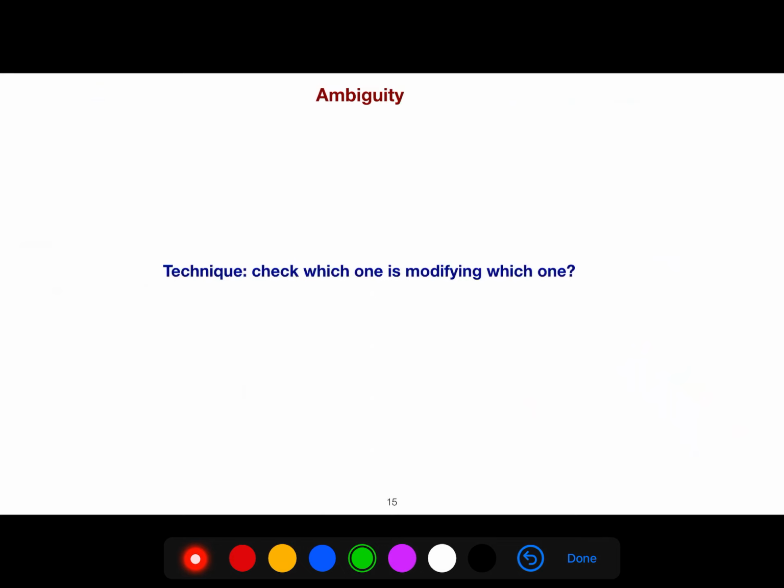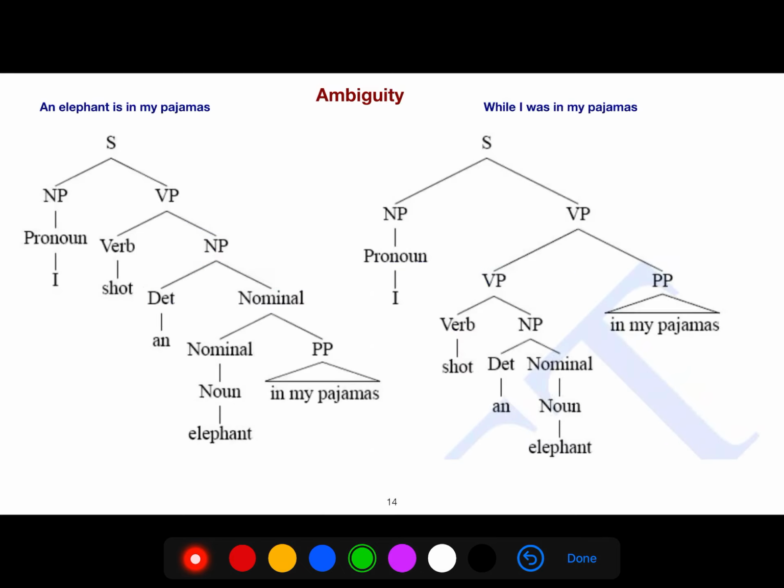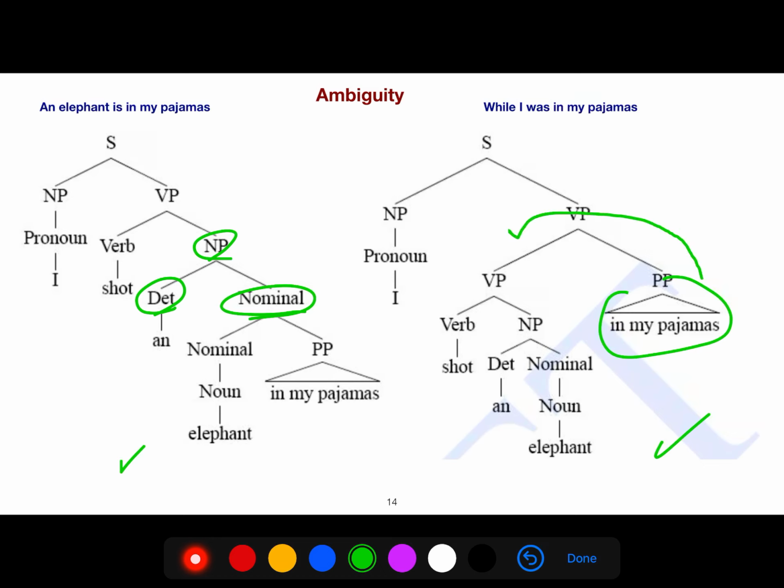So check which one is modifying which one, the technique of ambiguity. For example, if you want to understand why this tree is like this, it's because "in my pajamas" is modifying "shot an elephant". So each one is modifying the other one. The right child could be modifying the left child.